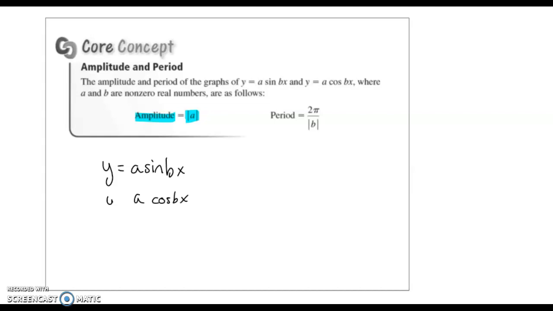A is the vertical stretch or the vertical shrink. That number is what changes the amplitude. It's always positive because it's a distance. The period is found using 2 pi divided by b. B is the number that is the horizontal stretch or horizontal shrink, because that's what changes the period, as the graph is being compressed or stretched horizontally.